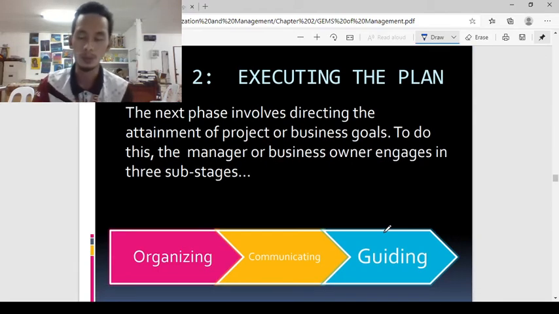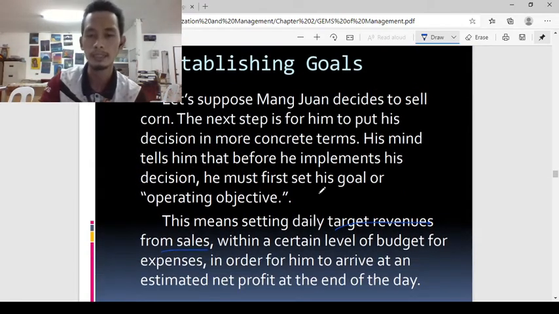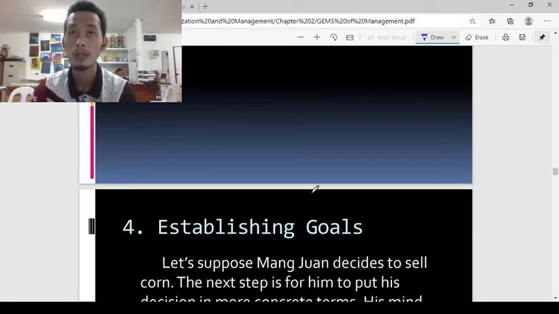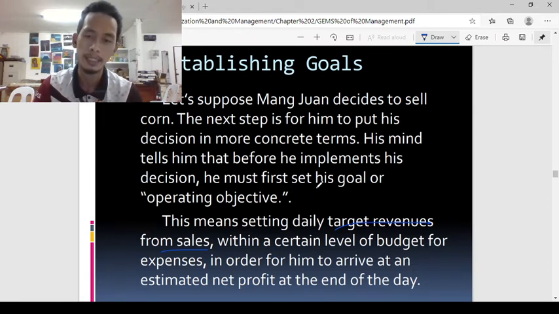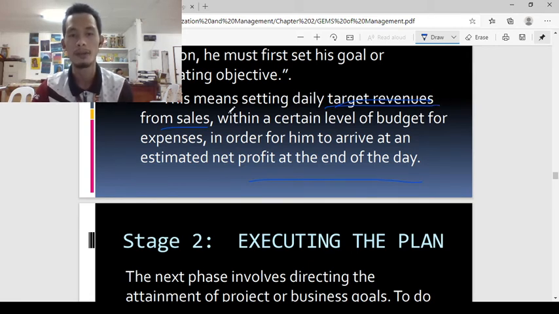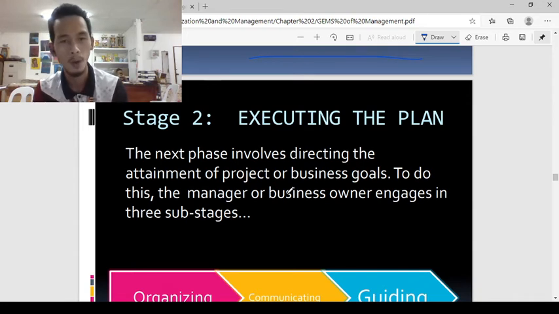Now, Mang Juan now decided to put up a pedal corn business, like maligya og mais, and then giset na niya yung target revenues daily from his sales, and then level of budget for expenses. So nakaset na. Now, that is already the goal set by Mang Juan.